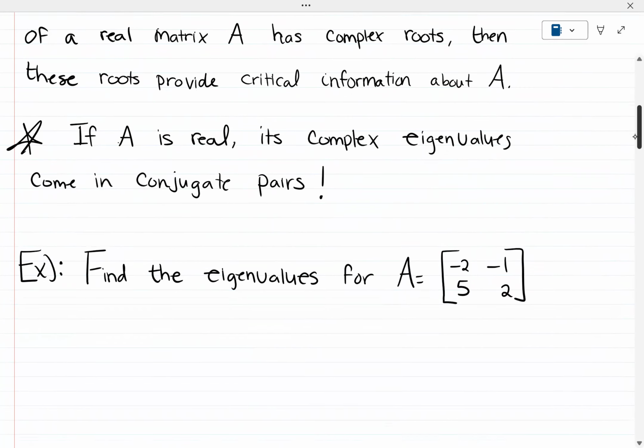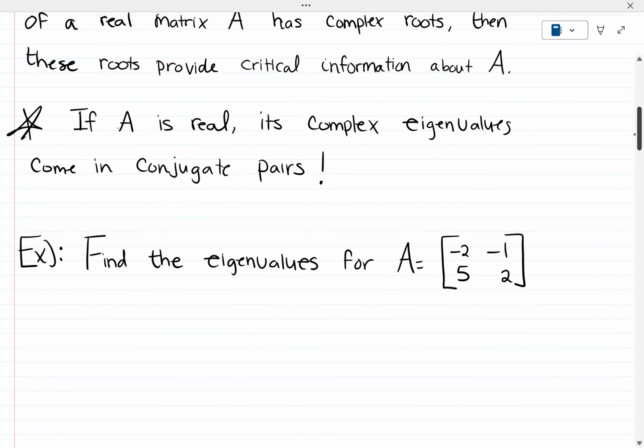Example: find the eigenvalues for this 2 by 2 matrix A, negative 2, 5, negative 1, 2. So how do you find the eigenvalues? We've probably done this in the previous lecture, but basically you take the determinant of A minus lambda I equals 0.